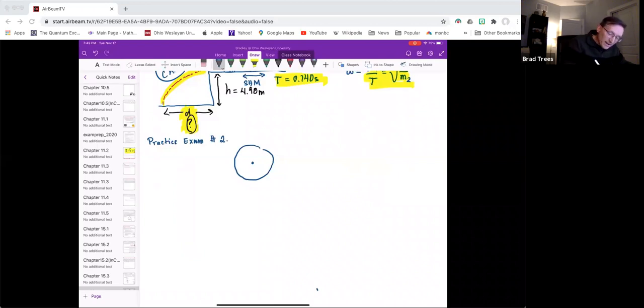This disk has a radius, big R, of 2 centimeters, we're told. This disk has a mass, big M, of 20 grams, we are told. And it is initially at rest. Since it's going to rotate, that means its initial angular velocity, however you want to call it, omega 1, omega 0, whatever notation you want to use, would be 0.